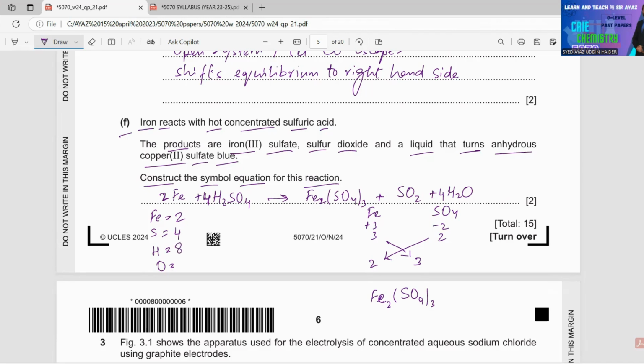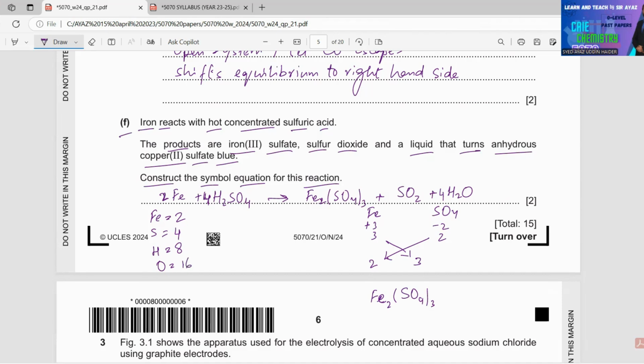Oxygen, 4 4s are 16. So on the product side, there must be 16 atoms of oxygen. 4 3s are 12, 12 plus 2 is 14, 14 plus 4 is 18.